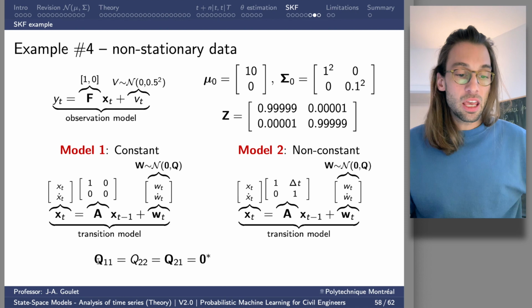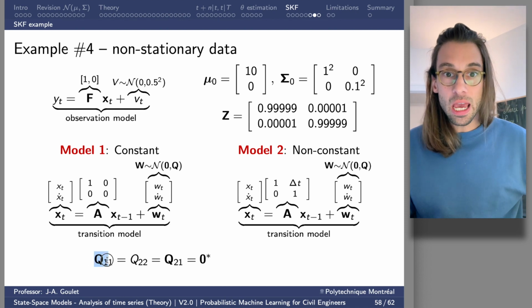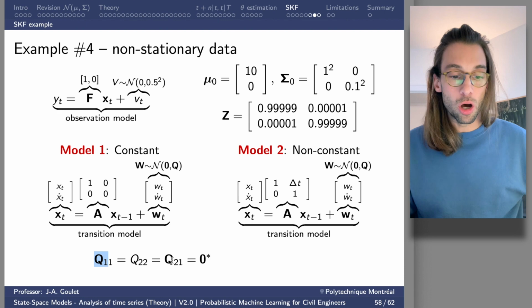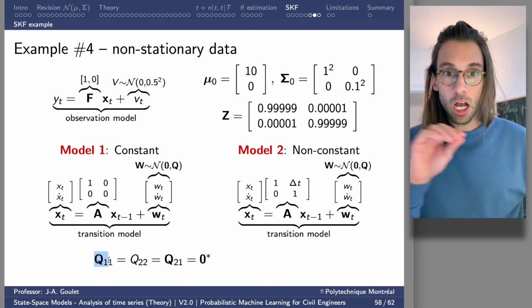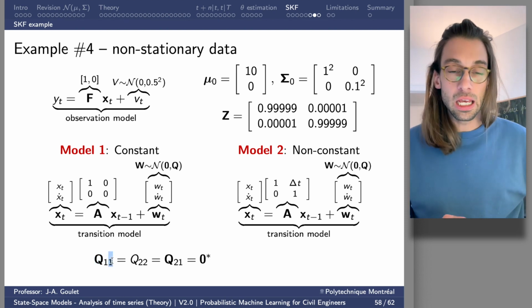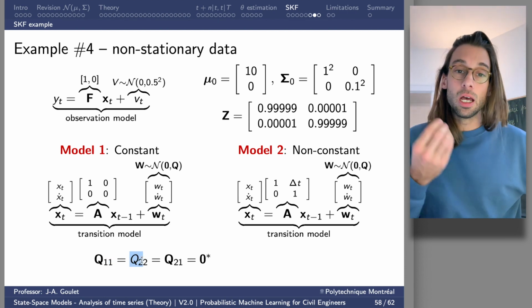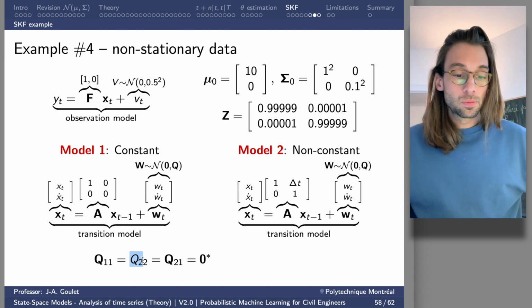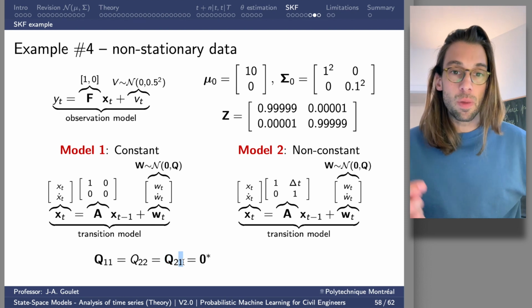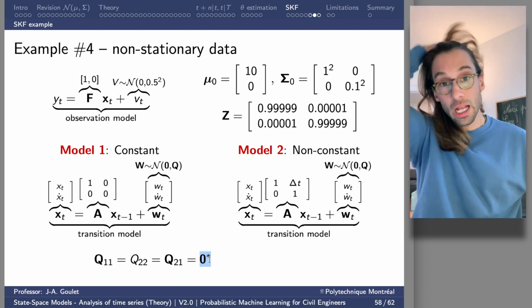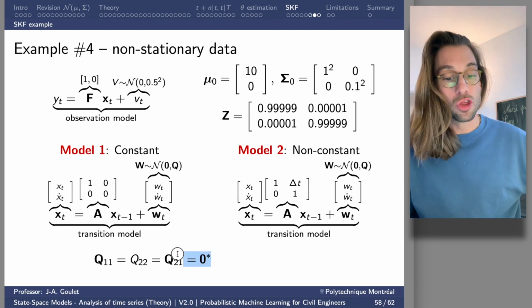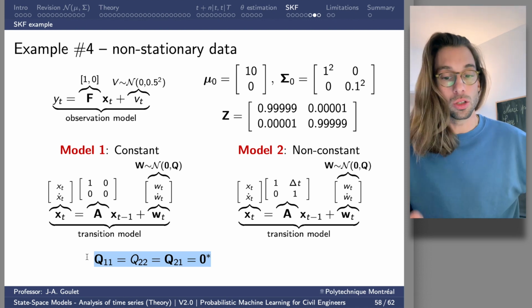Whenever I'm in a zero speed model and staying in a zero speed model, or in a constant speed model and staying in a constant speed model, or in a constant speed model and transiting back to a zero speed model, my covariance here can be treated as 0. We're going to see that in more detail in the next module. But in this case, we have no transition uncertainty.